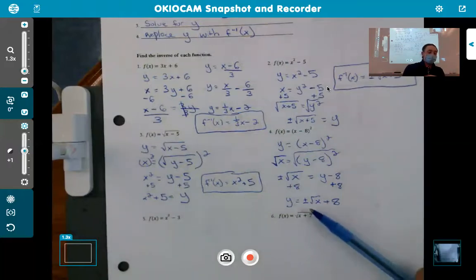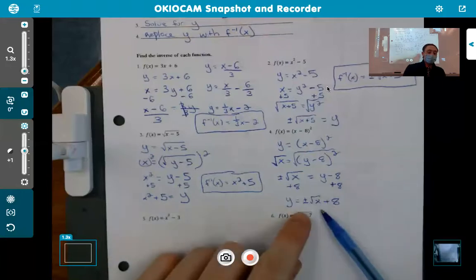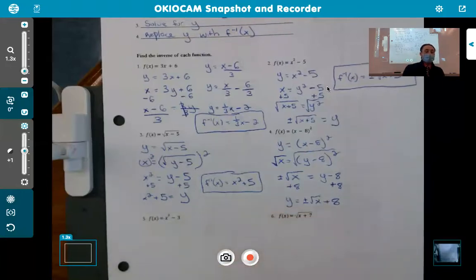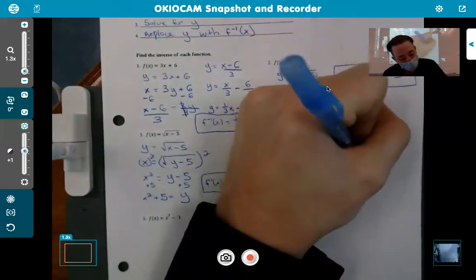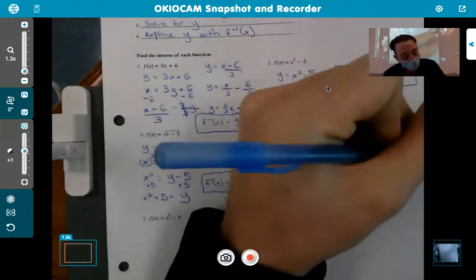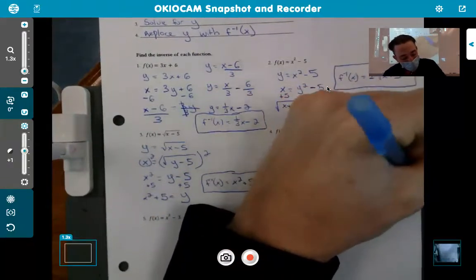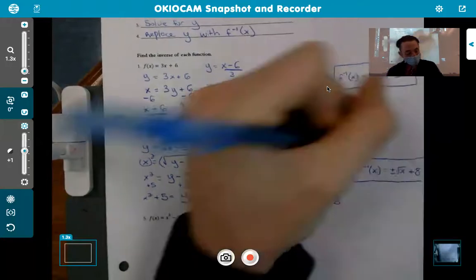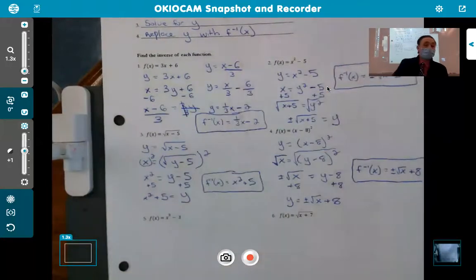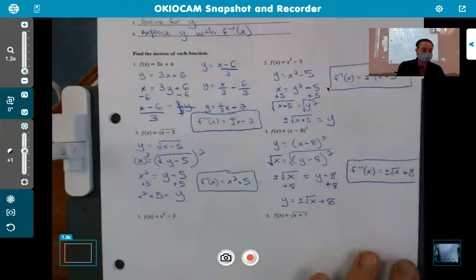You still have the plus or minus square root of x as one term, and then you're adding 8 to that. Okay. Last step, replace that with f inverse. And then that would be your final answer.